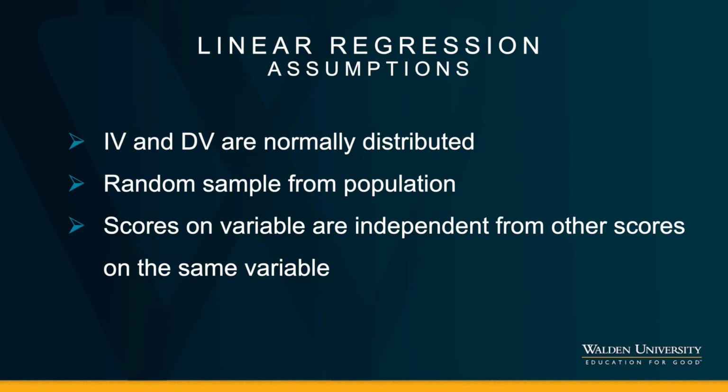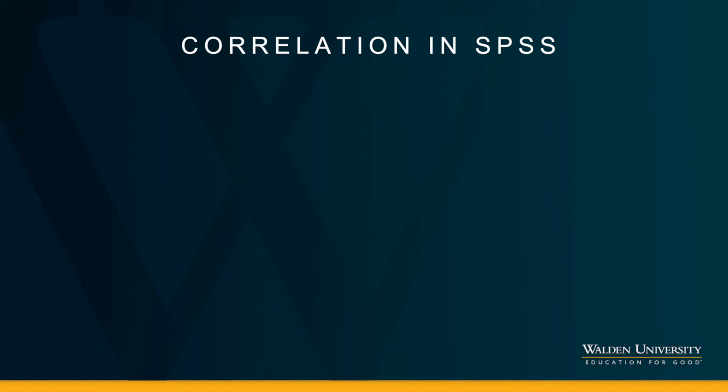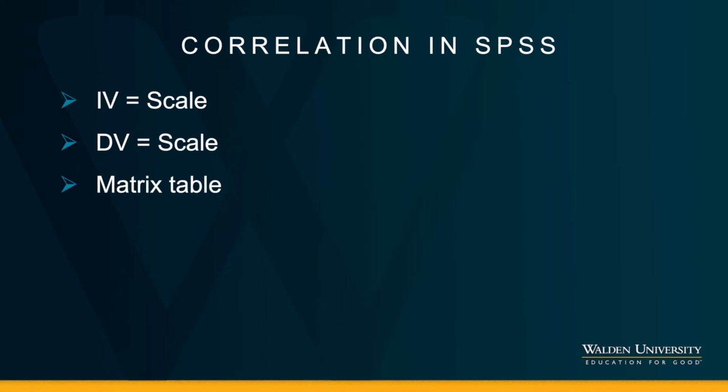Let's look at the setup in SPSS for the correlation and linear regression. I will handle these here separately, although I'm running them both at once. It might be helpful for you to know how you would handle just the correlation part by itself. The independent variable is supposed to be scale, as well as the dependent variable. SPSS will deliver us a matrix table, and that we will interpret in 3 different ways.